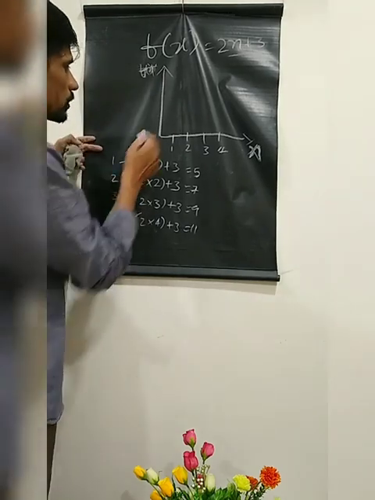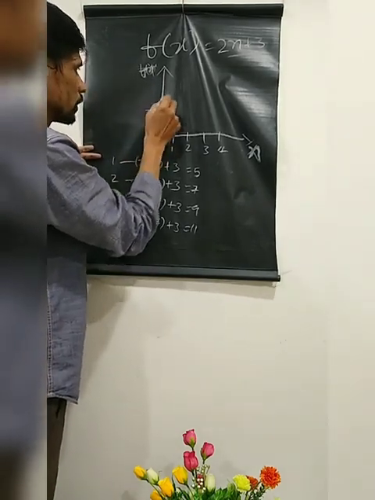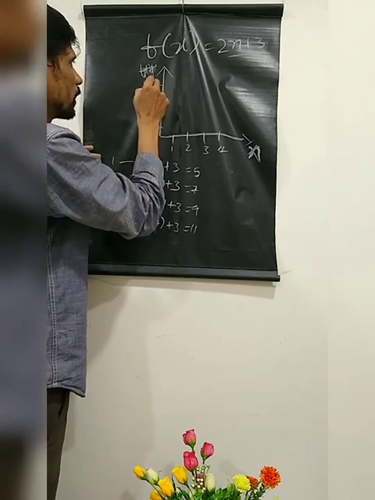So let's plot these values: 5, 7, 9 and 11.